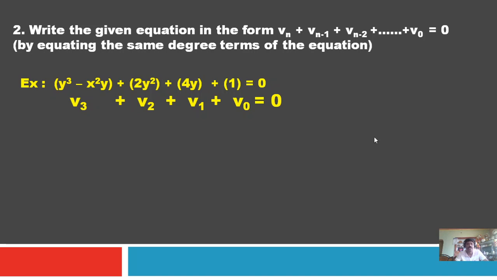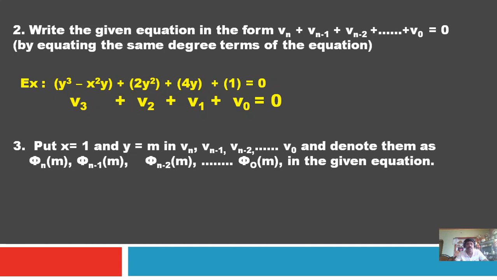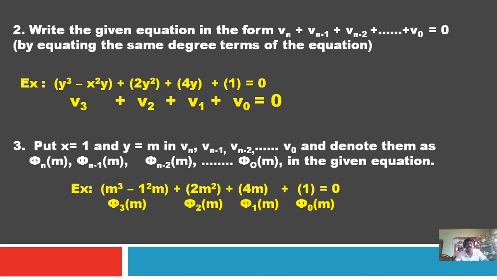And in the third step, put x equals 1 and y equals m in Vn, Vn minus 1, Vn minus 2 and V naught and represent them as phi n of m, phi n minus 1 of m, phi n minus 2 of m and the last term phi naught of m in the given equation. In our example, the n value is 3, so it goes like this.